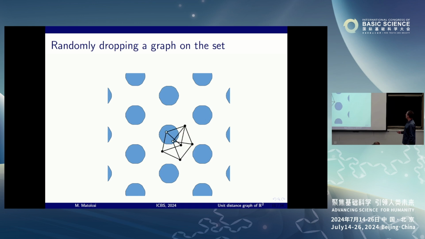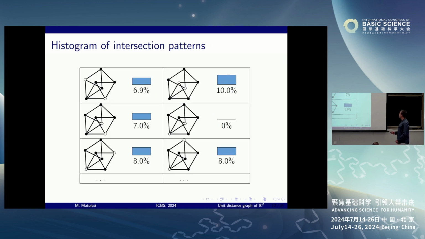Okay, my second drop looks like this. In this case, this was the intersection. Then I drop it again, and I do it a billion times. And I always record what the intersection is. And then it will give me a histogram of the patterns, how many times each pattern occurred. So I take this histogram. This pattern happened 6.9% of the time. This pattern happened 10% of the time, and so on and so forth.